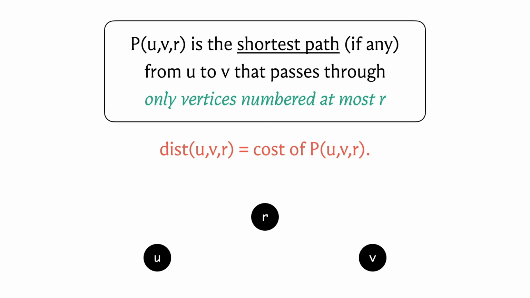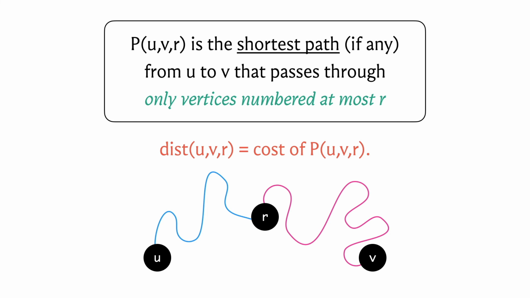Okay, so as I was hinting earlier, let's try and think about the path from U to R and the path from R to V. What can we say about these paths? Well, we have assumed non-negative edge weights, so we know that our shortest paths, the optimal ones, are also simple paths.